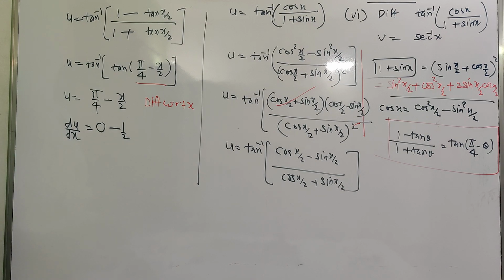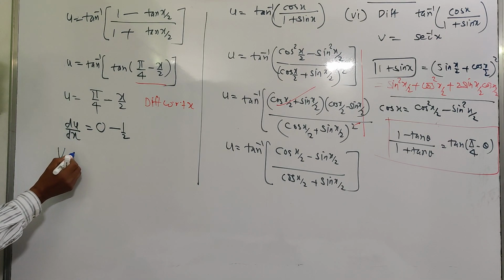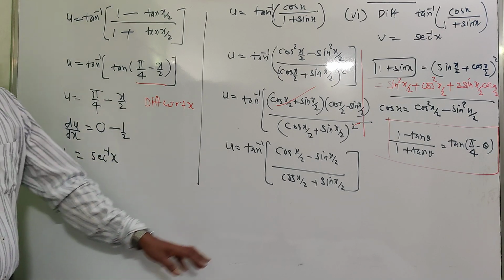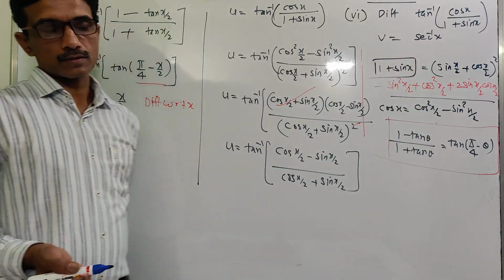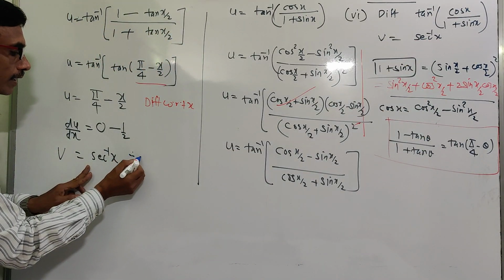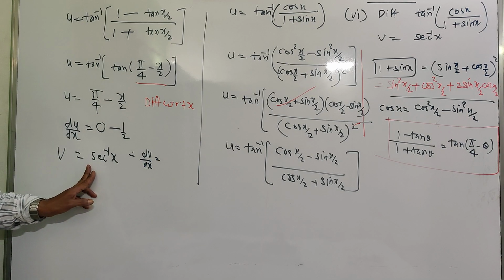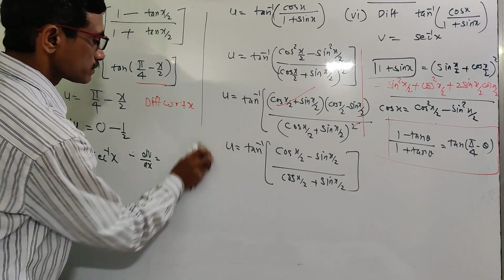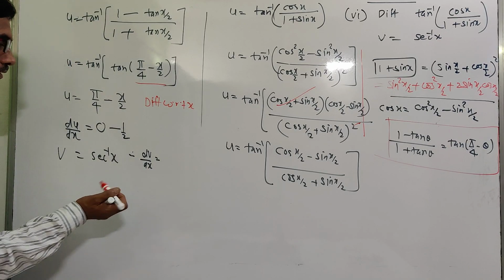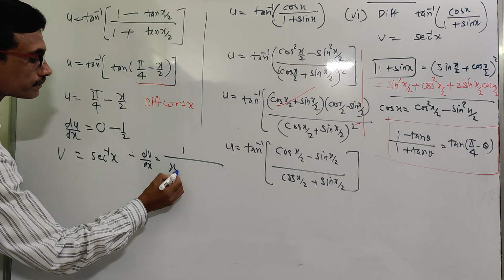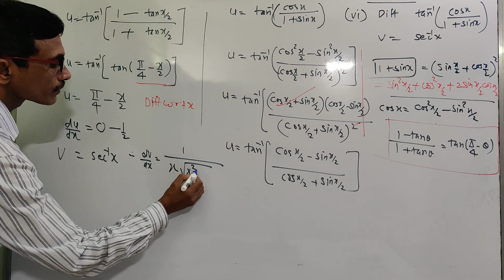Now it remains to find dv by dx. See, v is equal to sec inverse of x. So its derivative dv by dx is the derivative of sec inverse x, which is 1 upon x root of x square minus 1.